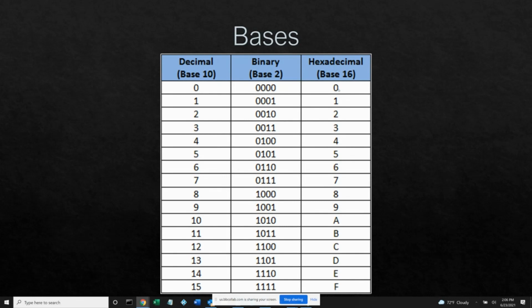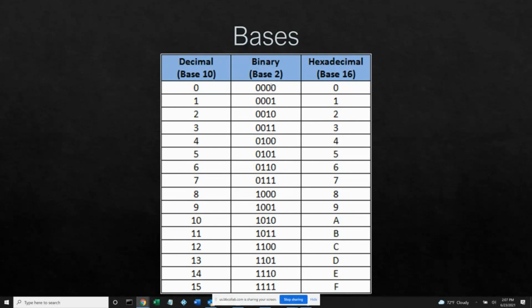And so you can see then how decimal and hexadecimal correspond exactly to each other all the way up until 9. But then when we start to get to 10, hexadecimal is base 16, so it has 16 possible values, 0 through F. And so when we hit 9, we switch over to A, B, C, D, E, and F.